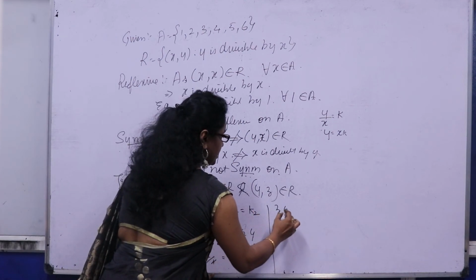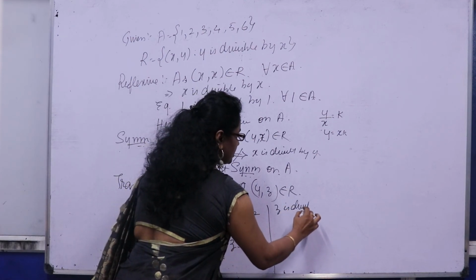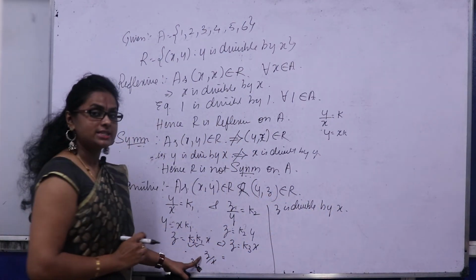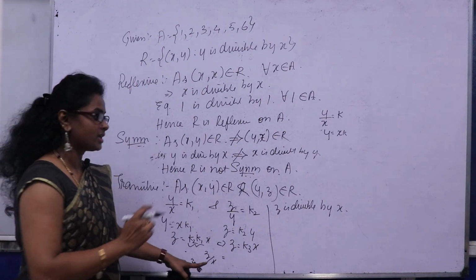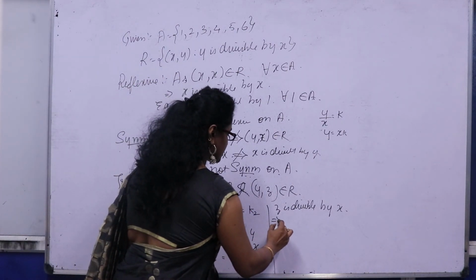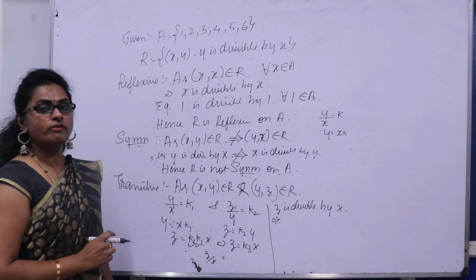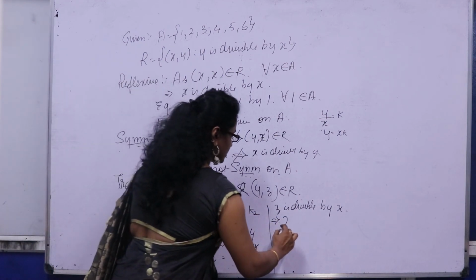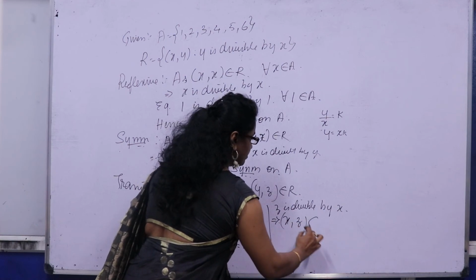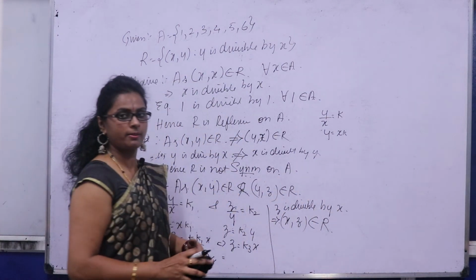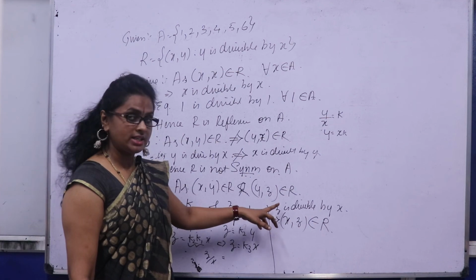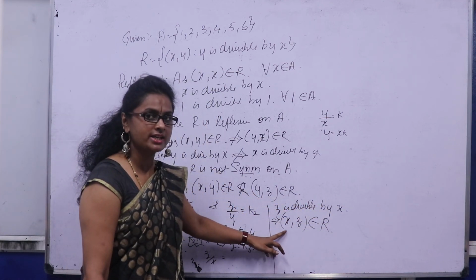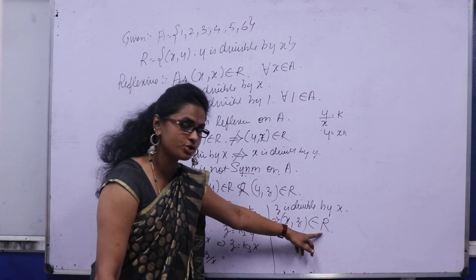When z is divisible by x, this obviously says that x comma z belongs to R. When z is divisible by x, you can easily write x comma z belongs to R.